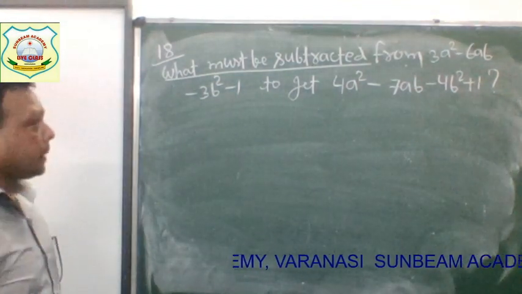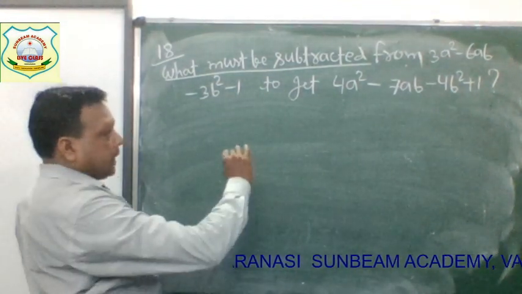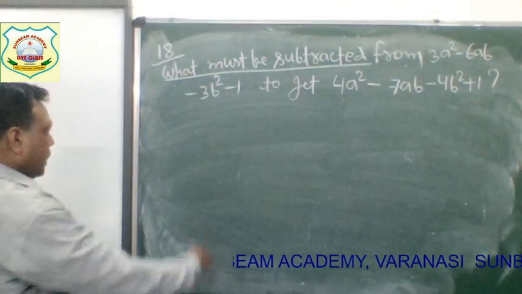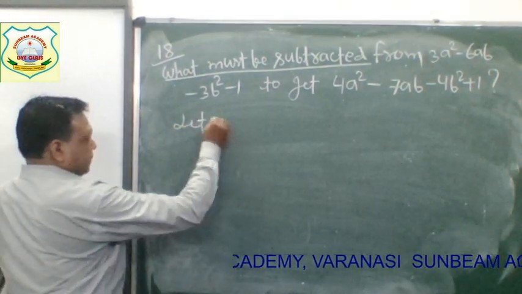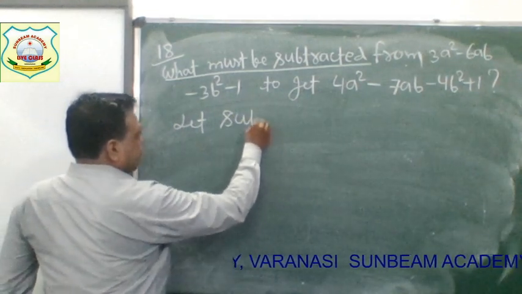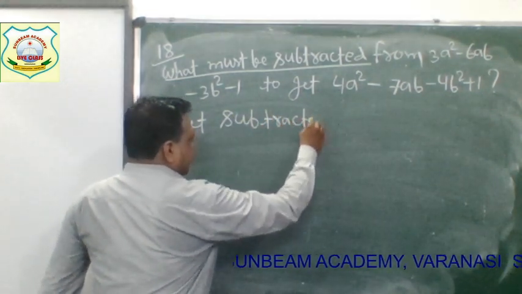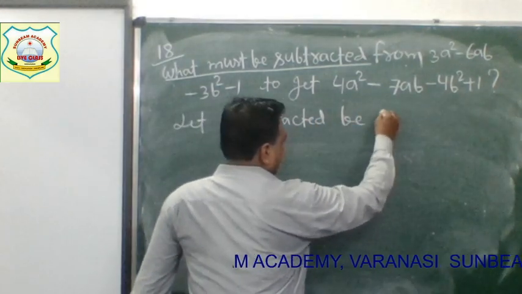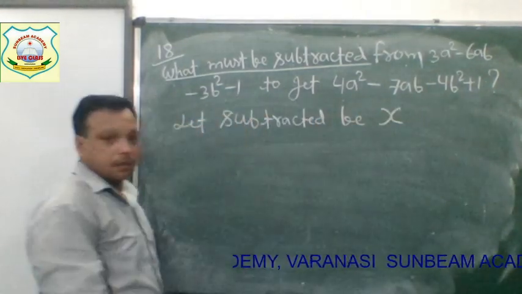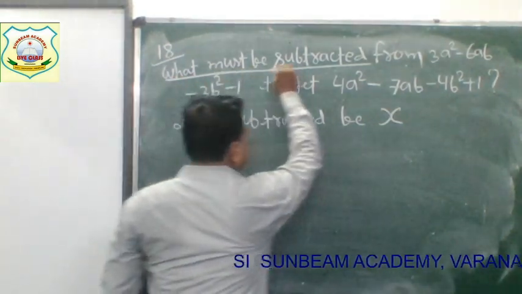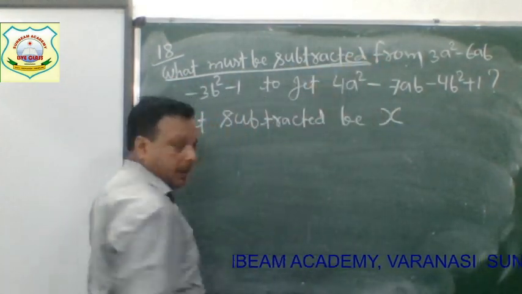Because the variables a, b are used, we will take the variable as x. Let the subtracted be x. In place of these, we will write x.